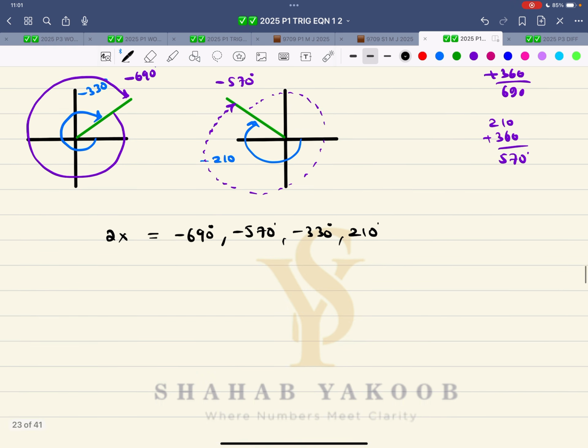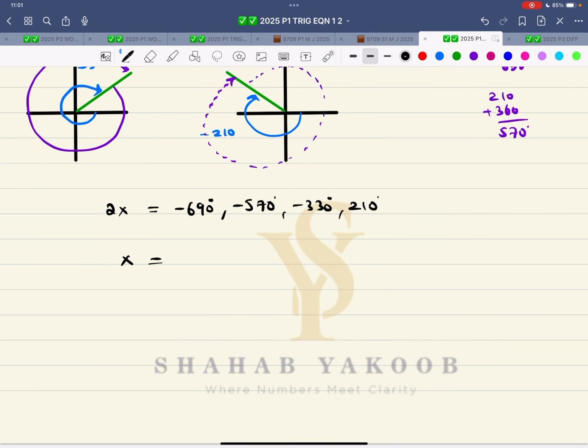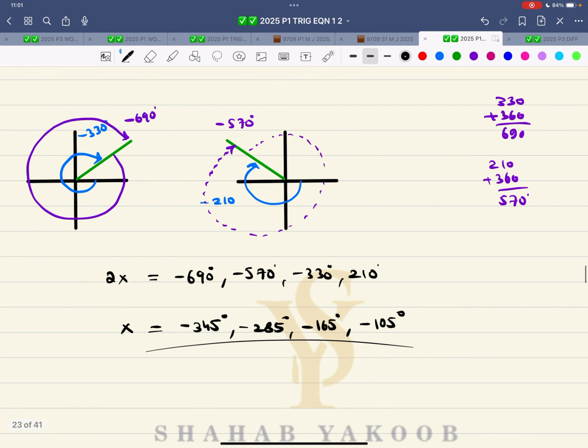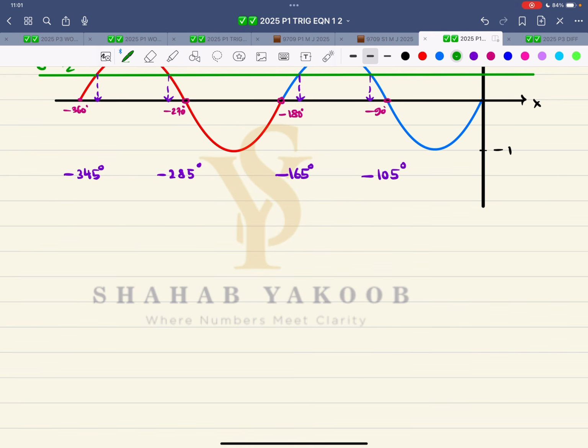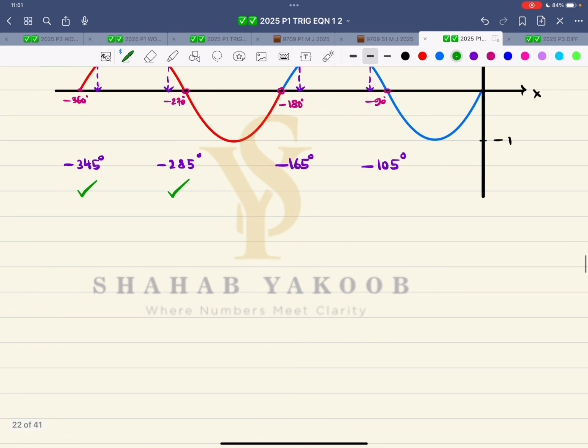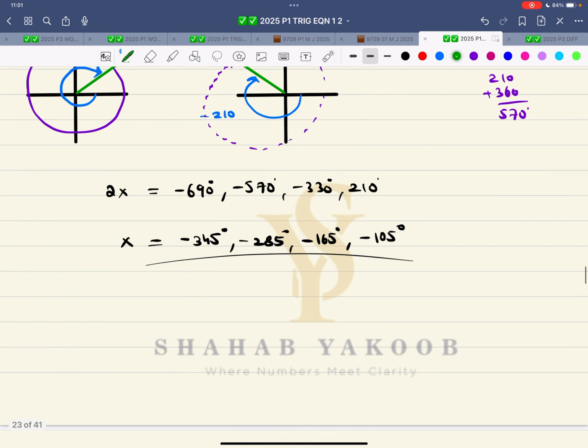So now when we make x the subject, that is negative 345, negative 285, negative 165, and negative 105. These are the four answers. Let's double check. 345 to 285, 345 to 285, all good. And 165, 105, this is 165, 105. These are the four answers.